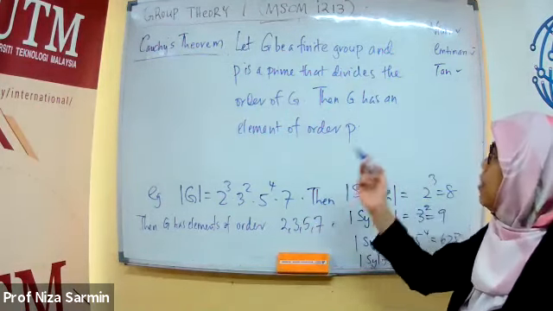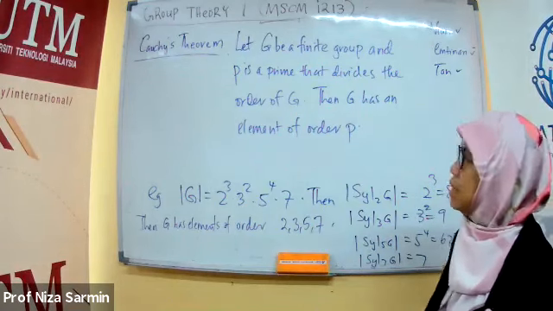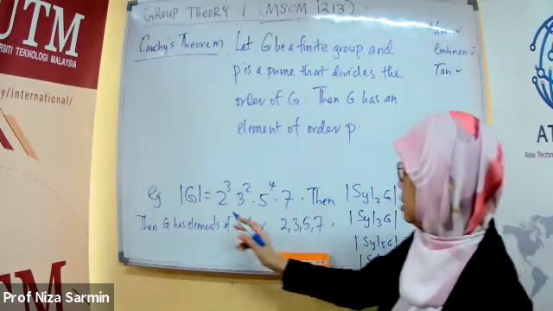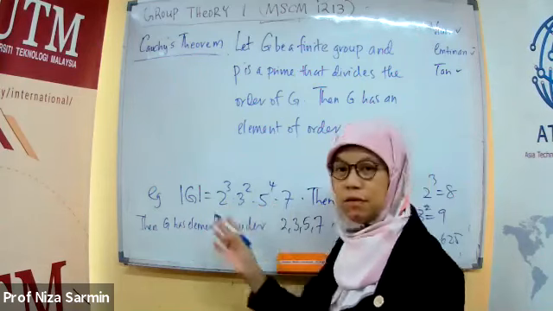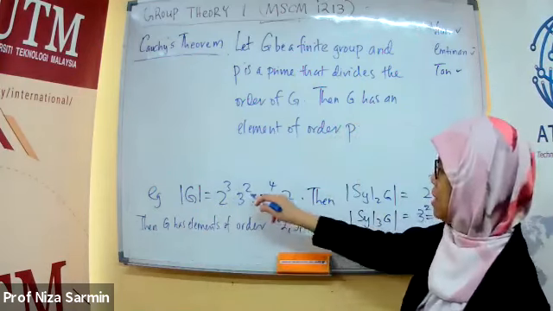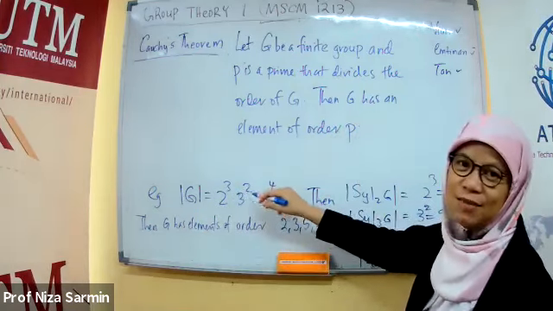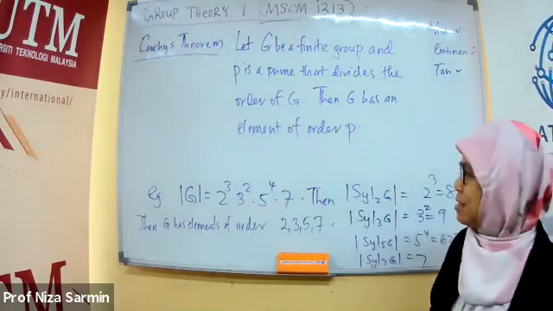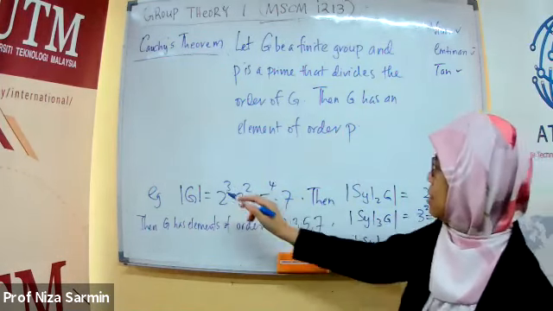So that is what Cauchy's theorem said. If G is a finite group and P is a prime that divides the order of G, like 2, 3, 5, 7 divides the order. I did not multiply. You can multiply. This is a few thousands. Try multiply.